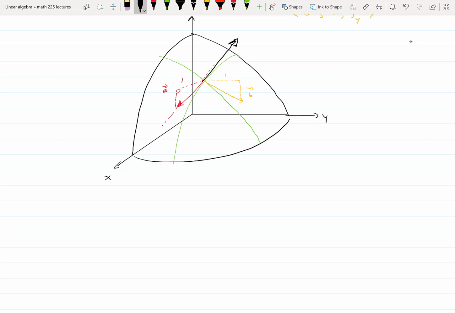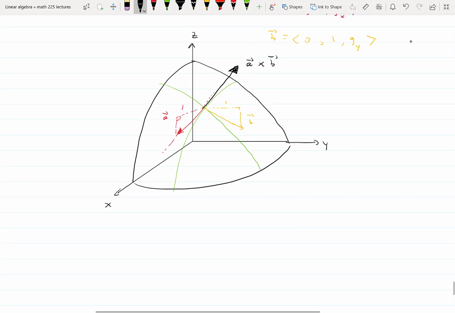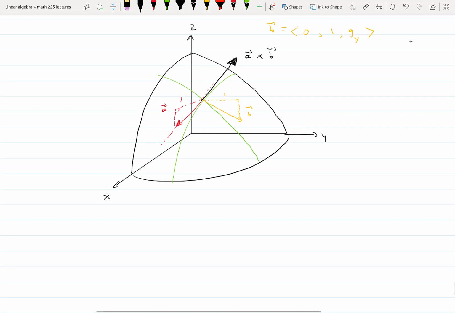So this vector that I'm drawing here in black is going to be our A cross B. I'm going to define that direction as the upward direction, and there's going to be something in the result of A cross B that's going to allow me to just look at the unit vector that's formed in this direction.